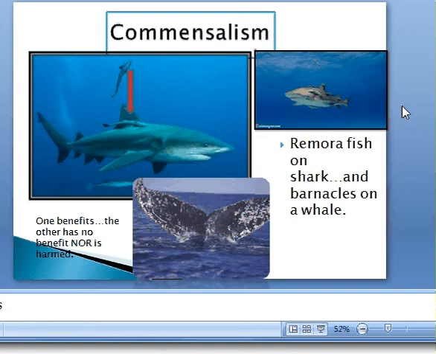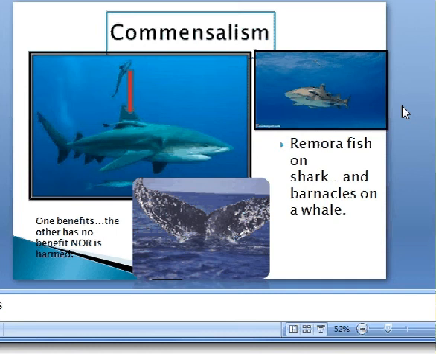And so it affords the remora fish protection, maybe that they're not going to be fed upon by some other bigger fish. It gives them some transportation. As a shark is swimming to different areas of the ocean, the remora fish can kind of tag along. It doesn't even have to exert much energy at all, and then it can unhook in another area where there's possibly new feeding opportunities.